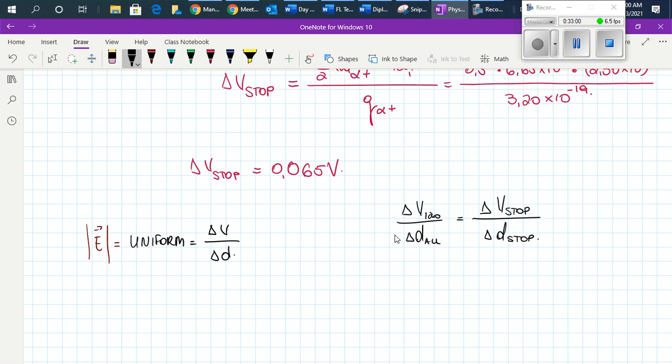This is the easiest way that I found to do it, but you can go even with kinematics.